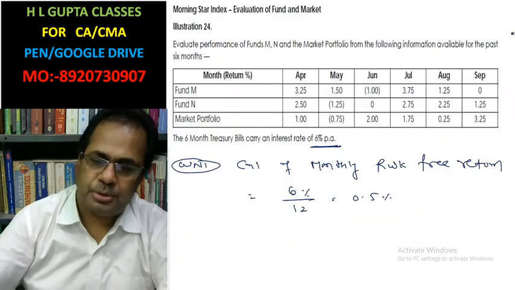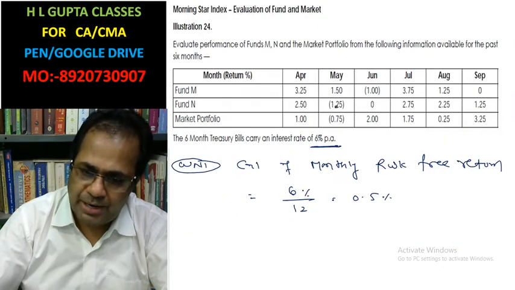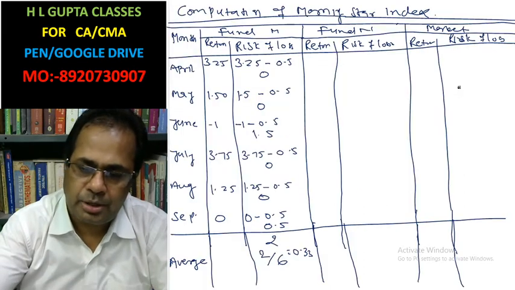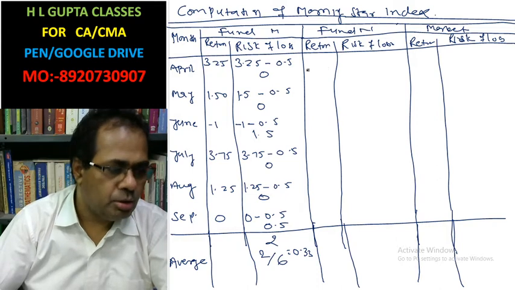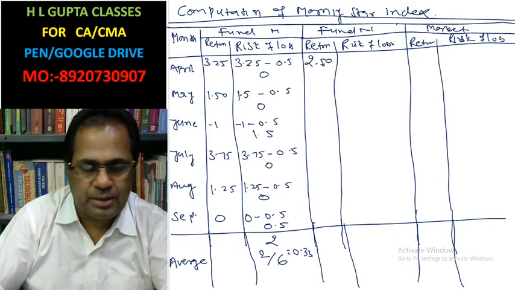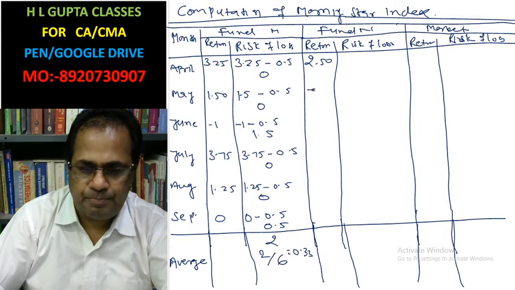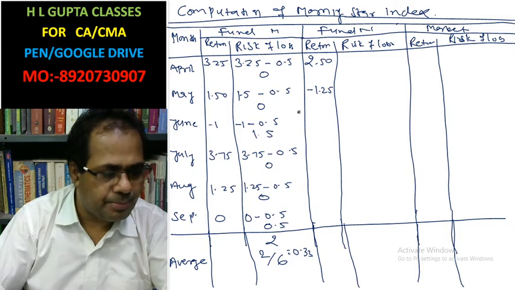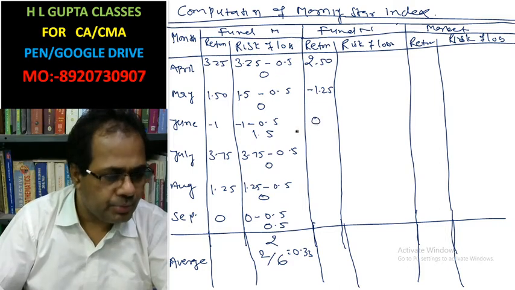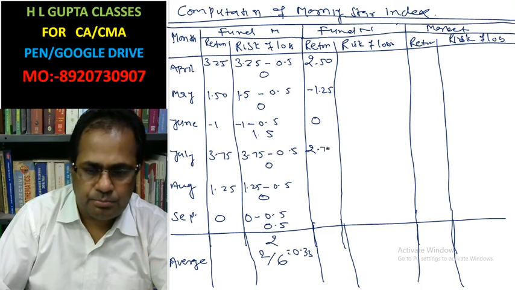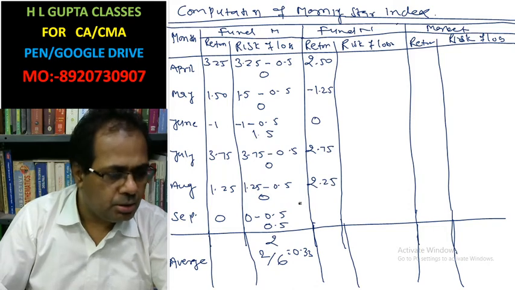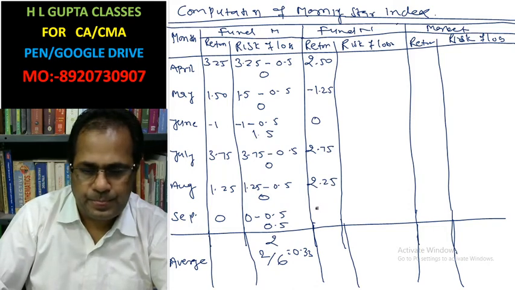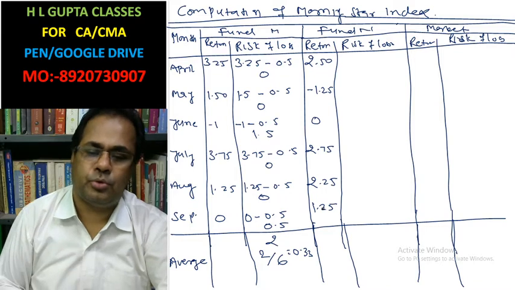So what is the return of the N portfolio? Return: 2.50 minus 1.25, this is 0. 2.75, 2.25, 1.25.